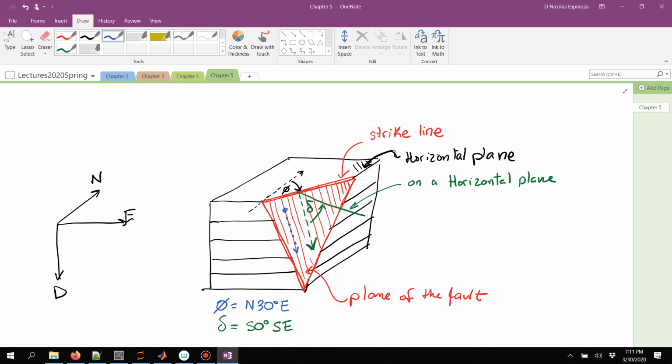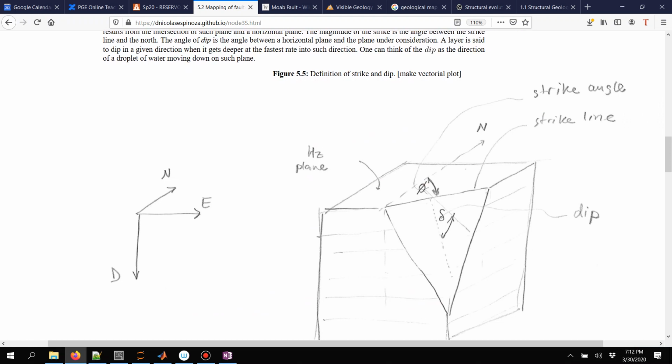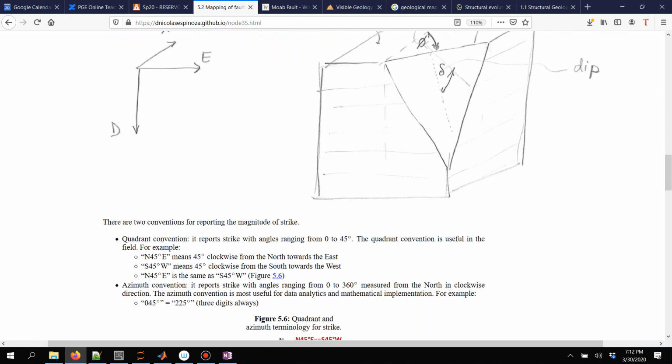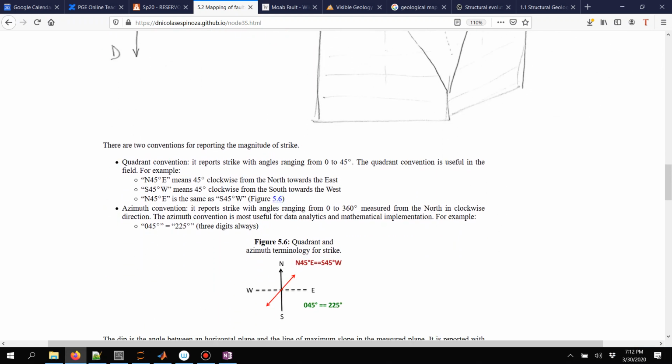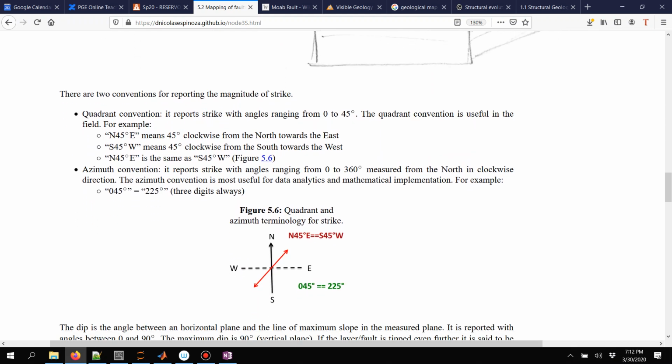Okay, so now we know what strike and dip are, and this is going to be very useful for us to quantify the direction and the orientation of the faults in the subsurface. And as we were seeing before, there are two ways of writing strike and dip.